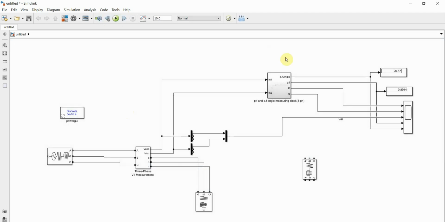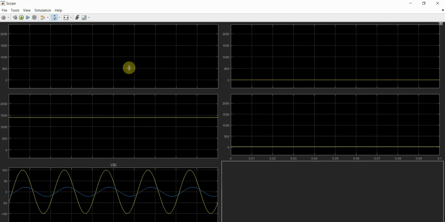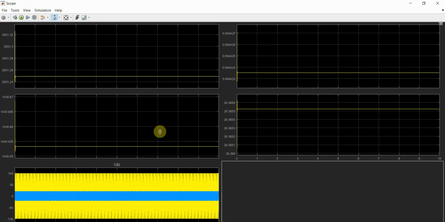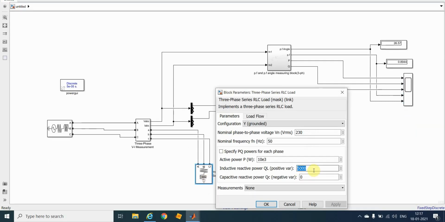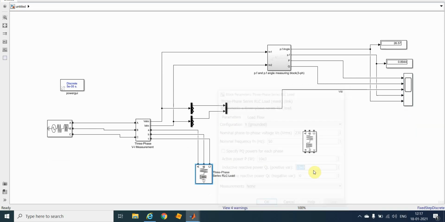See here, this is the voltage, this is the current, this is the power factor angle, and this is the power factor. One more thing you can do: just change it to 10,000.